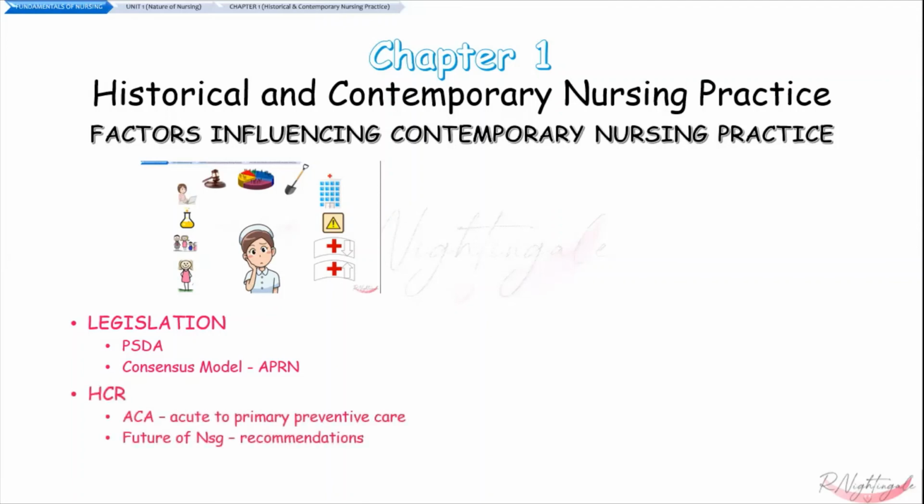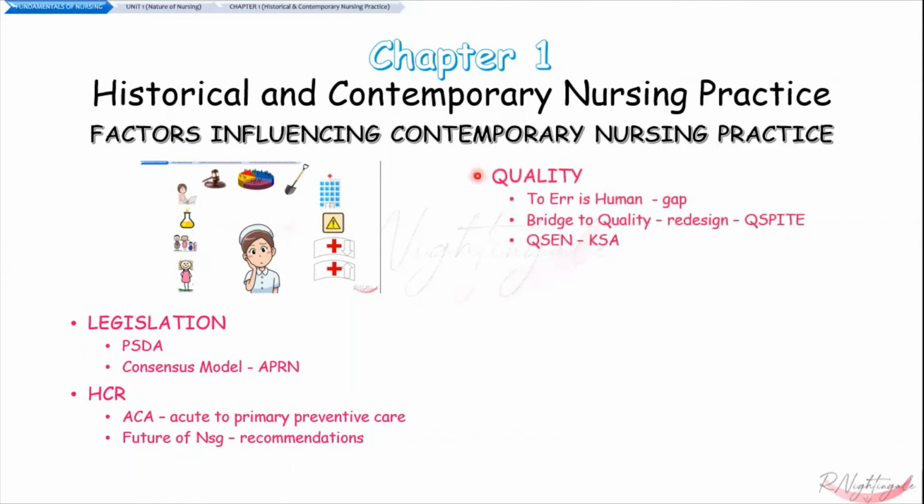Also, in healthcare reform, we've discussed the Affordable Care Act, in which there is a shift from acute care to primary preventive care. And we also discussed an IOM report entitled Future of Nursing, in which they provided some recommendations in order to improve the quality of healthcare.